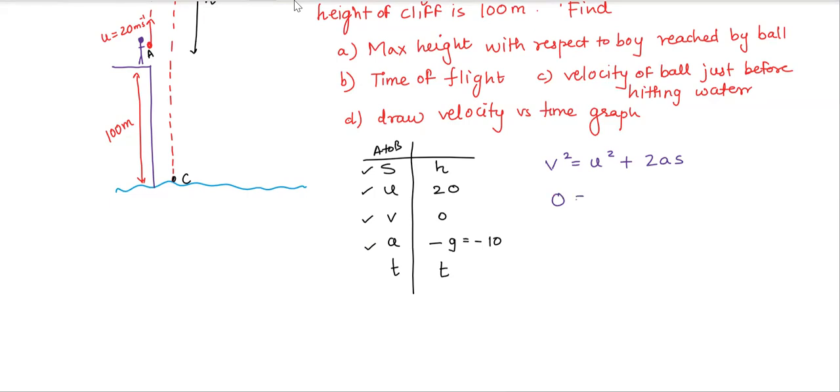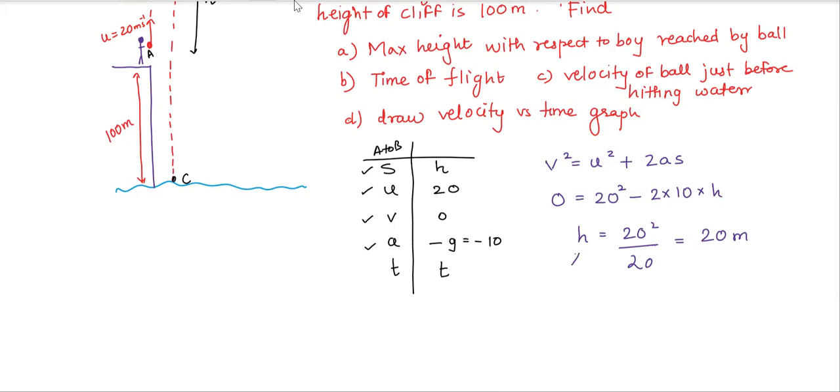So v is 0, initial speed is 20 because it is moving upwards, so 0 equals 20 squared minus 2 into 10 into s, which will be your h. In that case, I will get h is equal to 20 squared over 20, that is 20 meters. So we have got the maximum height.